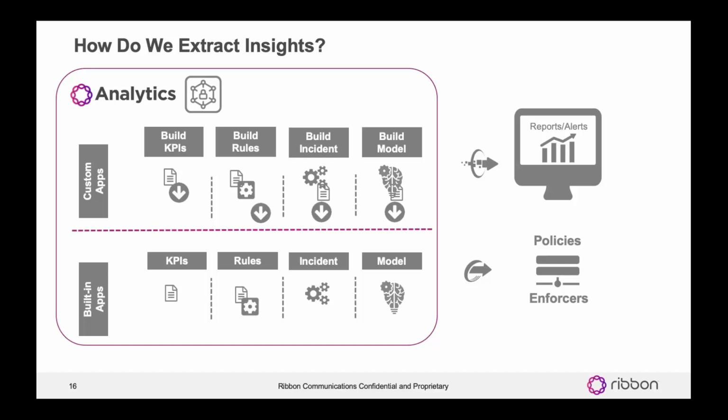So the modeling aspect, as the last point of this data pipeline, is really critical in building applications. And the Ribbon Analytics platform gives you the built-in capabilities of having applications that are just there and you can take them out of the box. When we add modeling to that, we may have to tune the models, depending on the application that's coming for a particular customer environment. But a lot of it can come out of the box and really get you running on the well understood data sources.